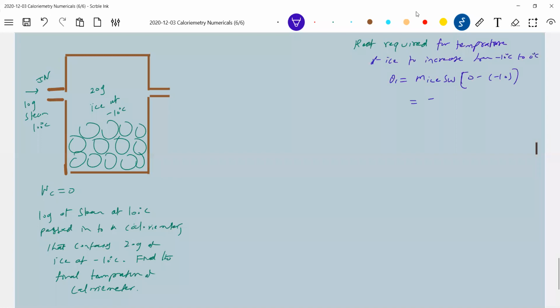Mass of ice 20, specific heat of ice is 1 by 2, times 10. 100 calories. Okay, this one.